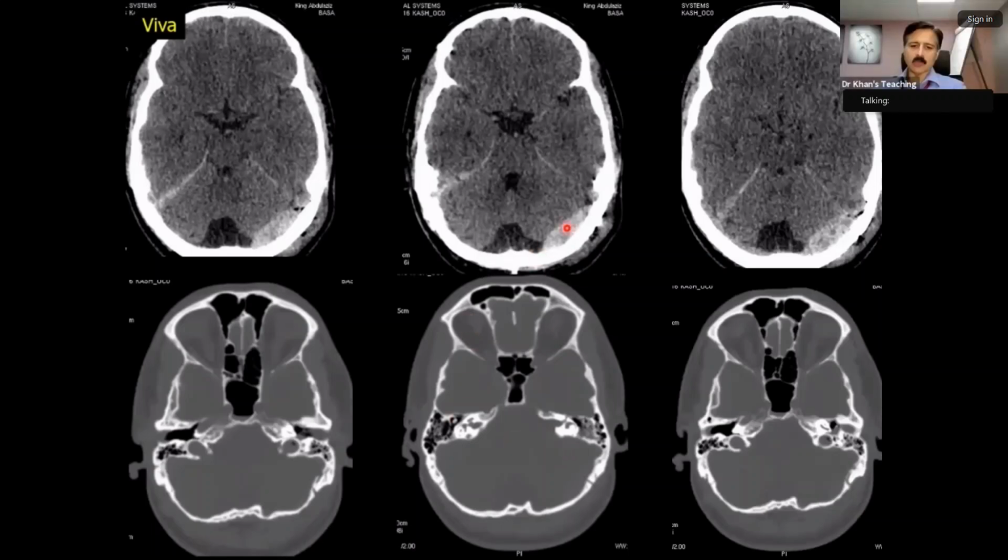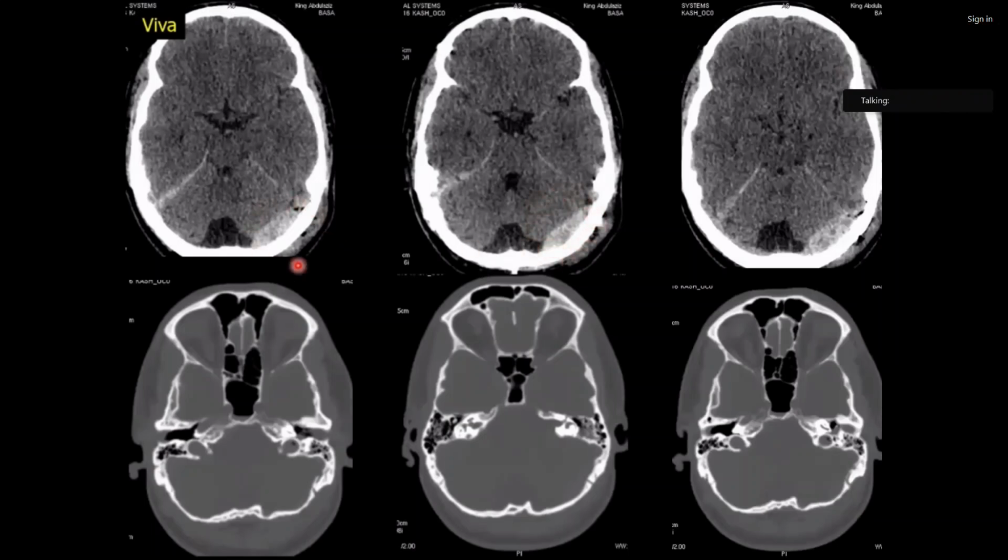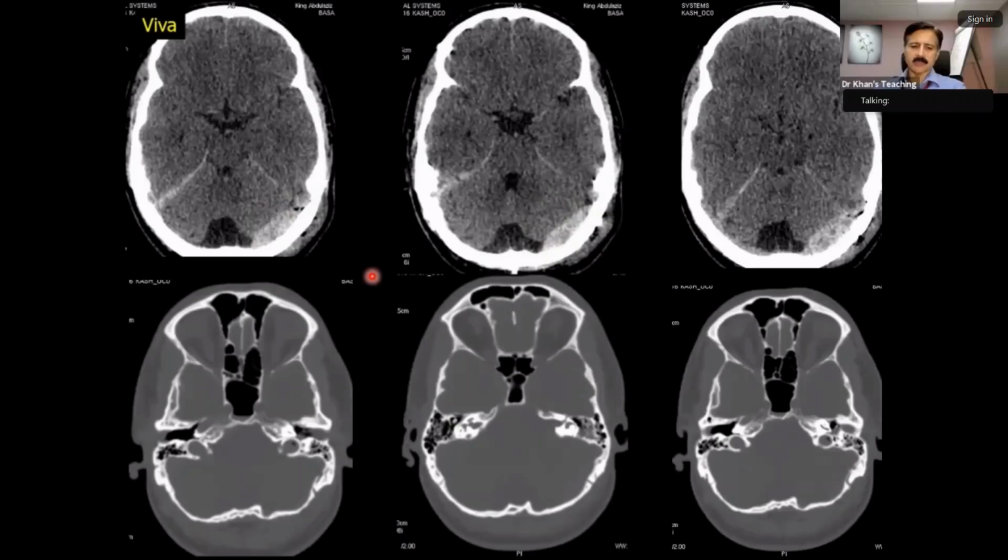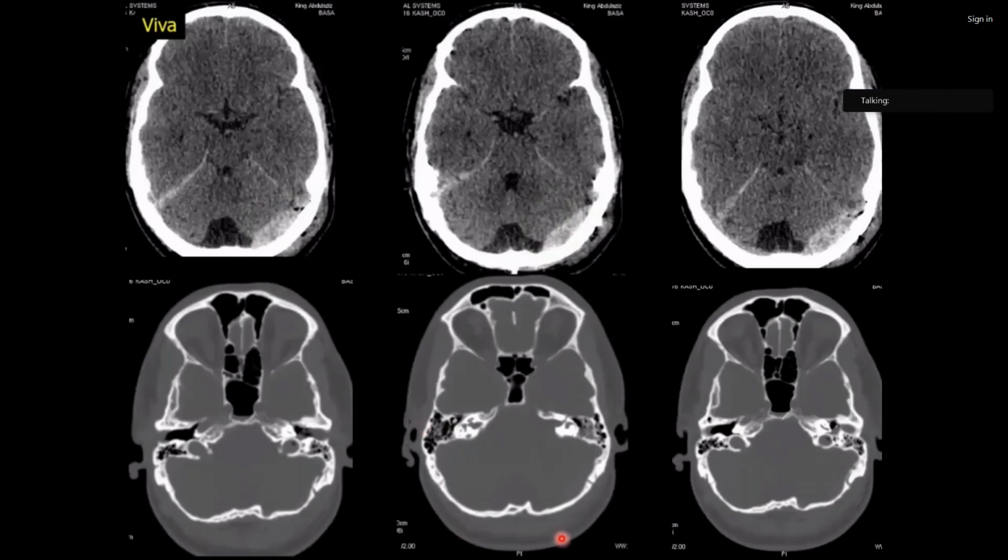Subdural. What kind of hematoma is this? I will have to reconsider. Again, it's extradural hematoma, I would say. But I would scroll through. Explain that. How can it happen? Etiology. Trauma.